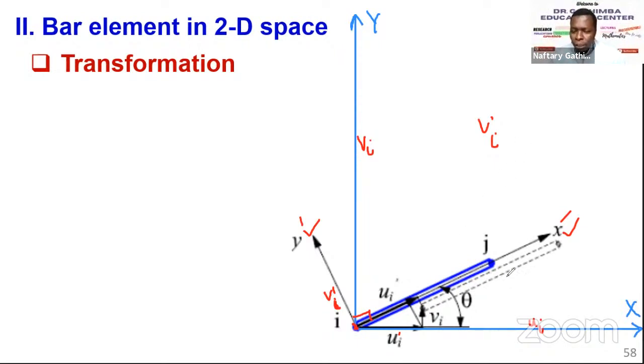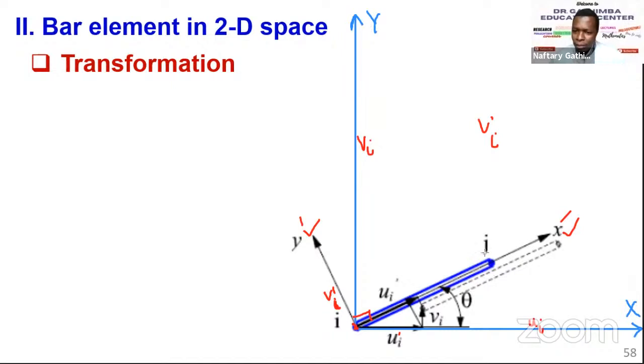So what we need to do here, we are going to employ similar triangles. If this angle is theta, I make a right angle here by drawing a straight line, anywhere.